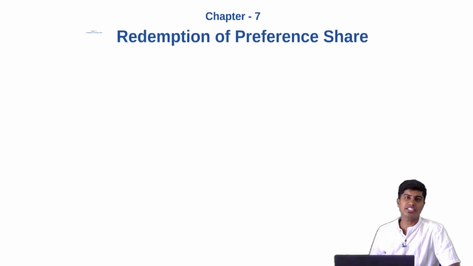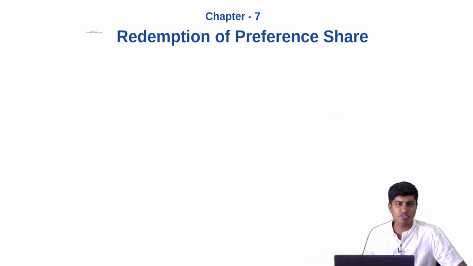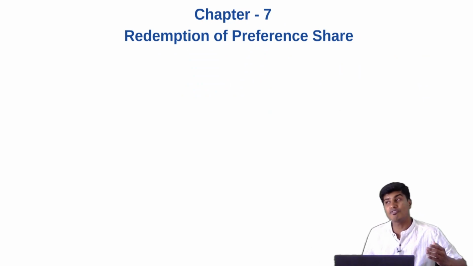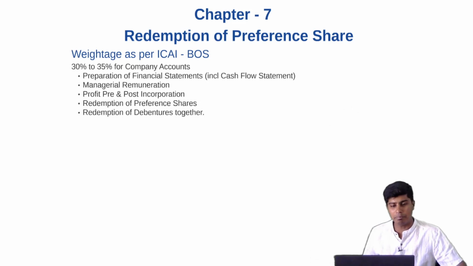So chapter 7 of our syllabus is redemption of preference shares. This, along with several other units of the syllabus like financial statements, cash flow statement, redemption of debentures, as well as the managerial remuneration part, weighs to 30 to 35% of your entire marks in the examination, as per the weightage given by ICAI.